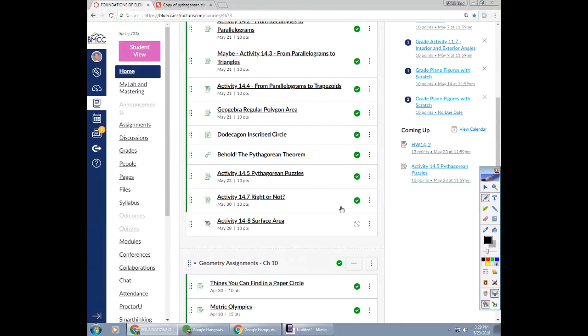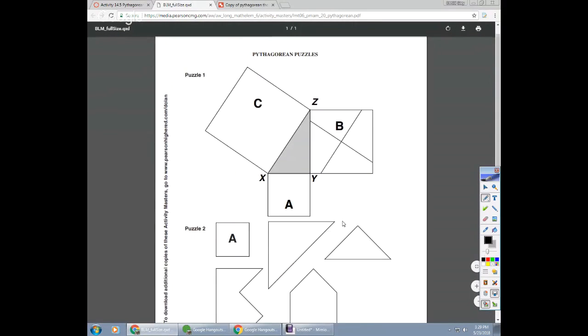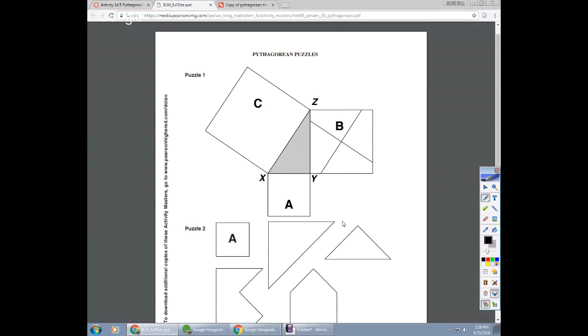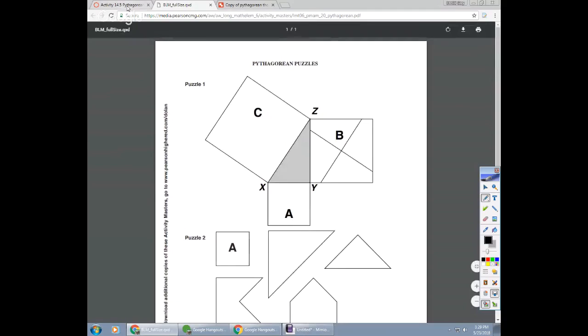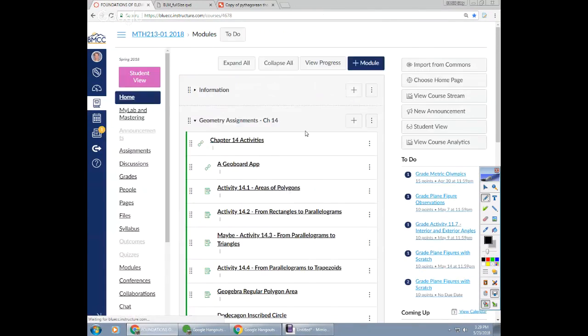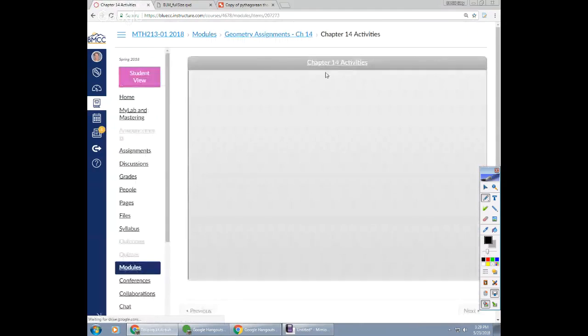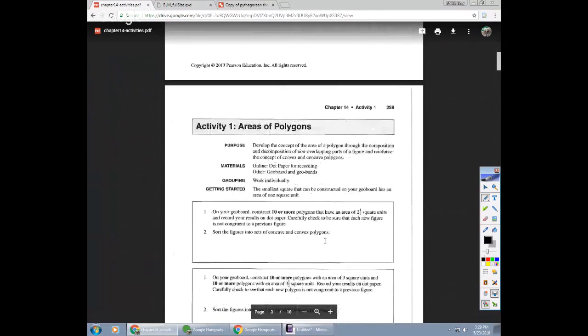So for activity 5, you need this puzzles worksheet, and you need to cut those pieces out. If you haven't cut those pieces out already, please cut them out. And then you should have the packet that says what we're going to do with these.